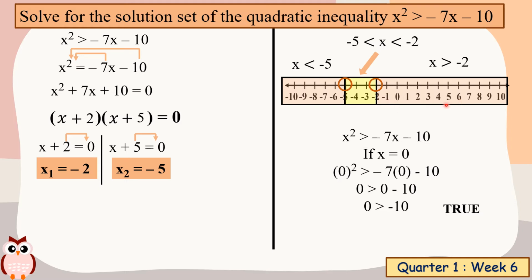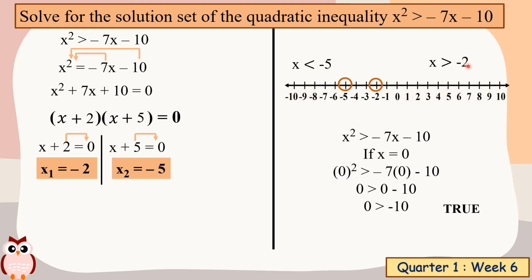Therefore, it clearly means that the solution set of our given quadratic inequality is the union of the two solutions or values of x that we have here. So to complete the graph, we're going to have here a bolder line to complete the solution set of our given quadratic inequality.